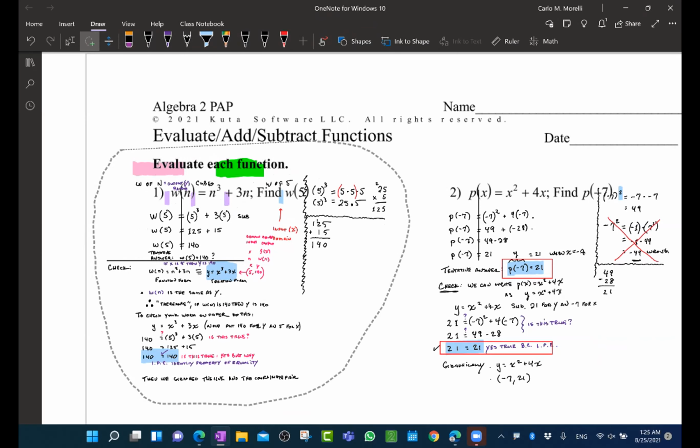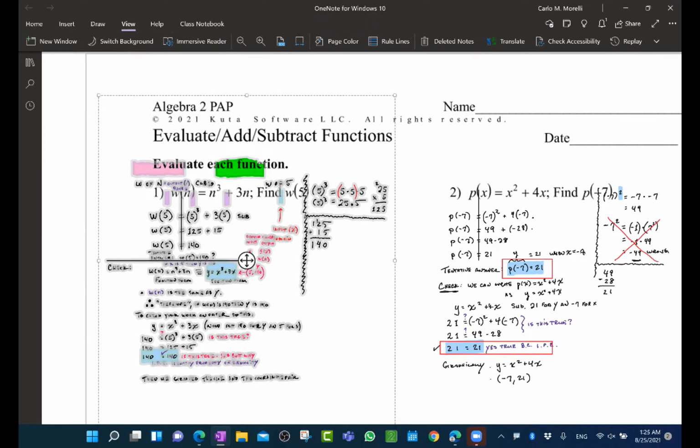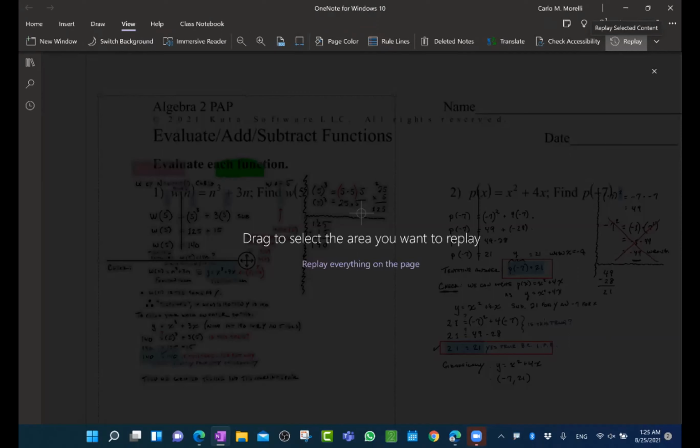Okay, cool. Now watch this. I can hit a button called replay and it's going to rewrite everything that I wrote. I think that's under view. Yeah. So over here on the right, there's a button that says replay.